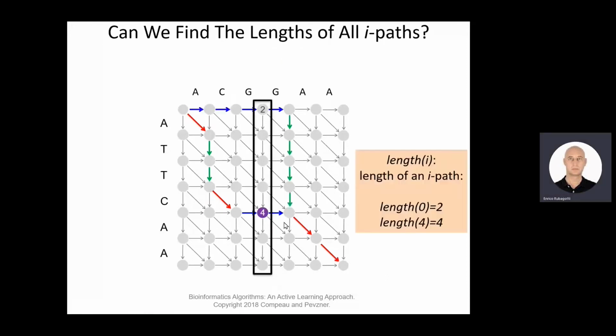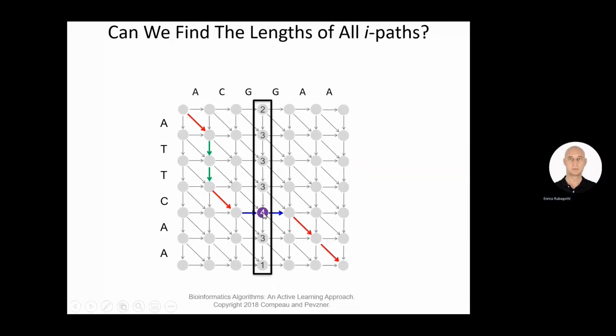So I know that the length of the not known path that converges here is 4. I'm going to calculate the same length for all nodes, and then notice that this is the longest one. As a consequence, I'm going to select this one as the middle node.